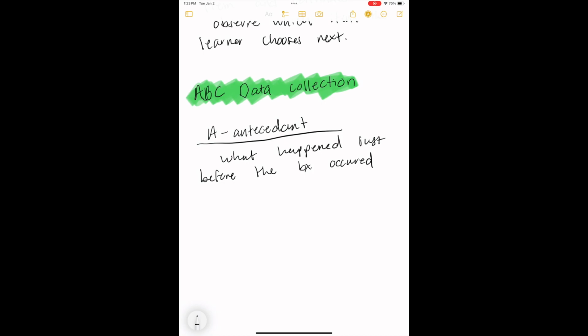And I'll give you an example. I had a learner whose behaviors were attention maintained outside of the activity room. But when we would go into the activity room, his behaviors were maintained by escape.